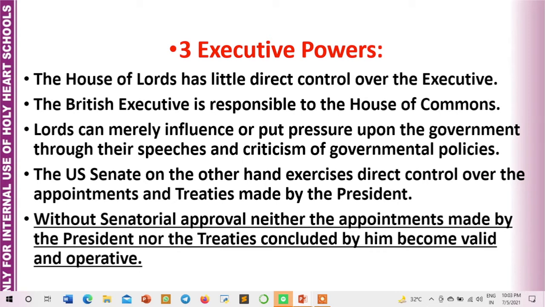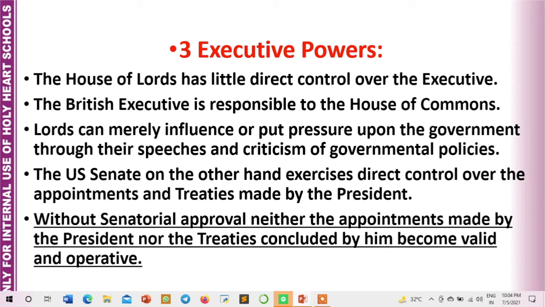Lords can merely influence or put pressure upon the government through their speeches and criticism of governmental policies. The US Senate, on the other hand, exercises direct control over the appointments and treaties made by the President. Without senatorial approval, neither the appointments made by the President nor the treaties concluded by him become valid and operative.